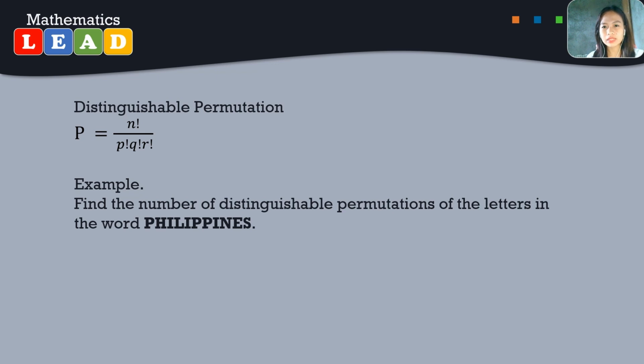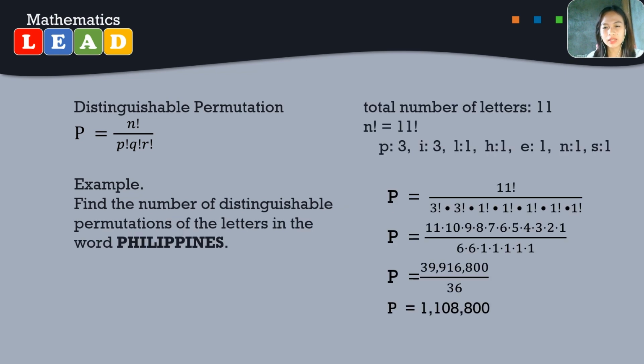First, we need to count the letters of the word. How many letters are there? That's right, there's a total of 11 letters in the word Philippines. So n factorial is 11 factorial. Then the 3 P's, 3 I's, 1 L, 1 H, 1 E, 1 S, and 1 N can be permuted as 3 factorial, 3 factorial, 1 factorial, 1 factorial, 1 factorial, 1 factorial, and 1 factorial respectively.